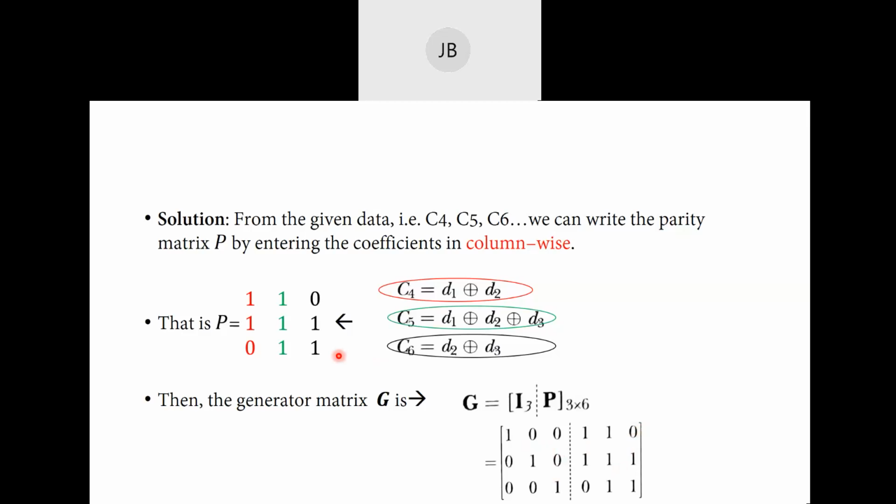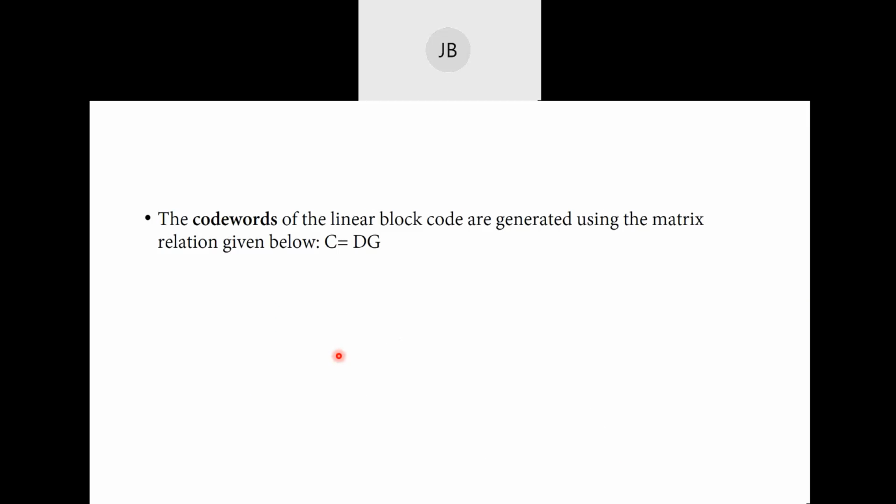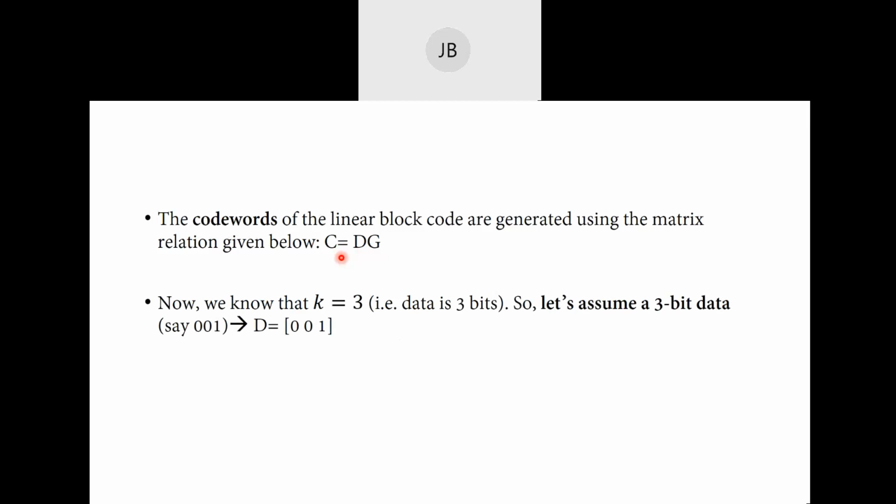Alright, next, as we know G, can we find the code word? Yes, we will try that. C is equal to D times G. This is a well-known relation. Now, how do we find the data?